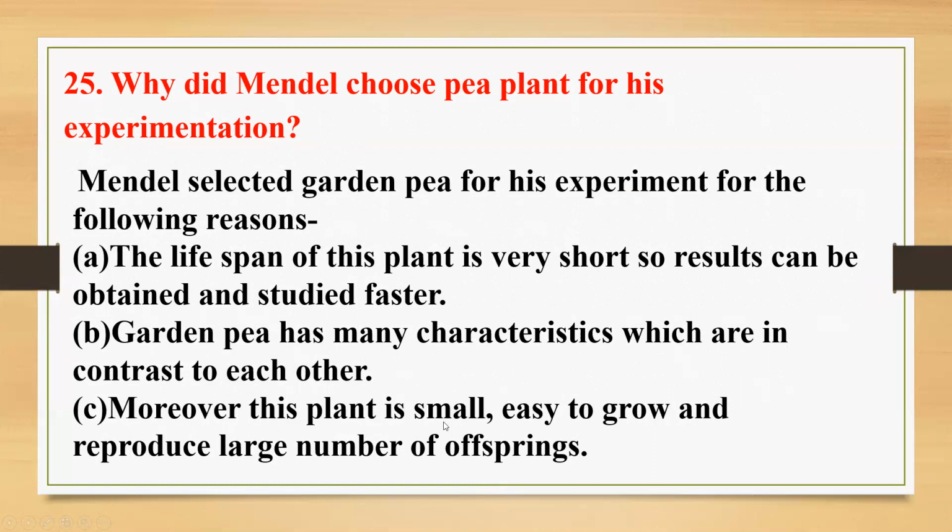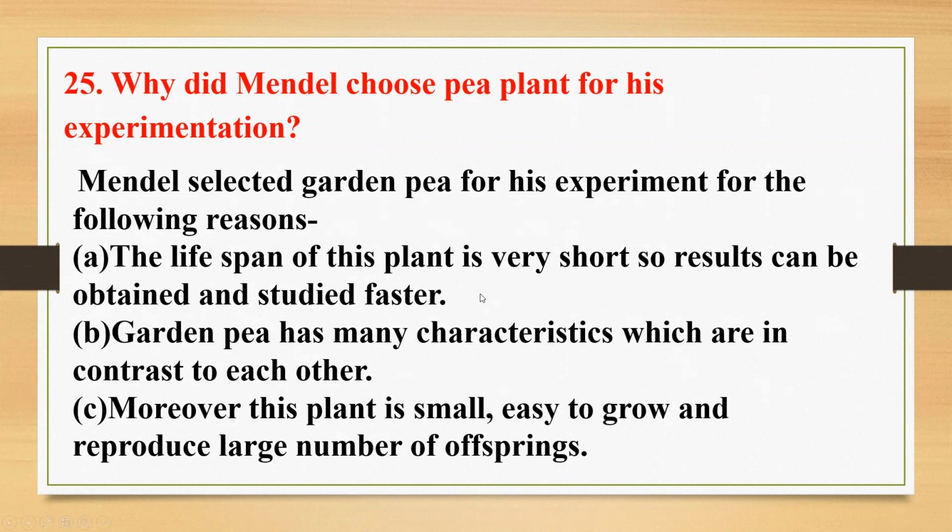Also, this plant is small, easy to grow, and reproduces a large number of offspring. Many pea seeds are produced from the plant, and each pea seed gives a new plant. Many offspring are produced in a very short time. These are the three reasons why Mendel selected the pea plant for his experiment.